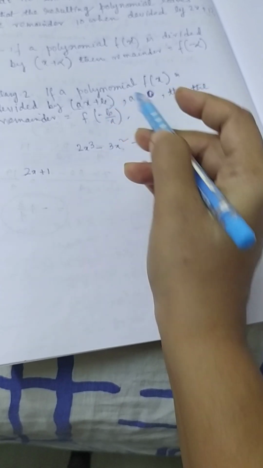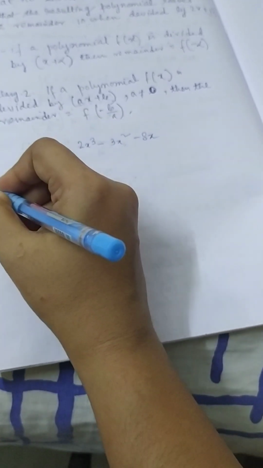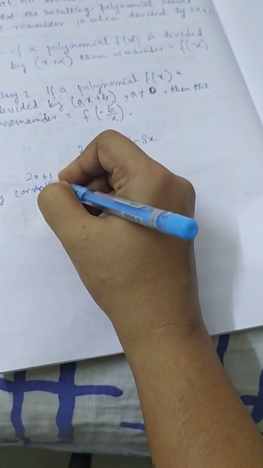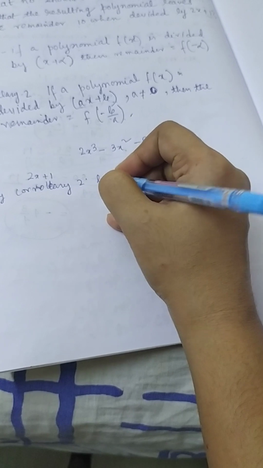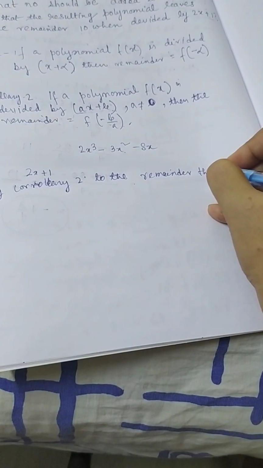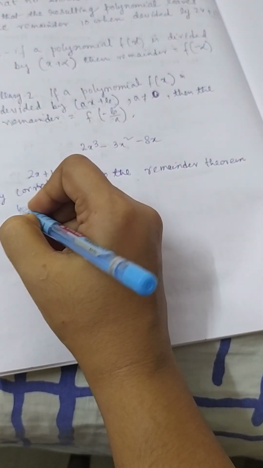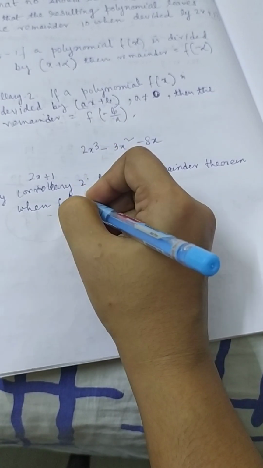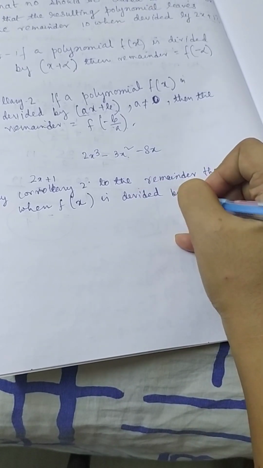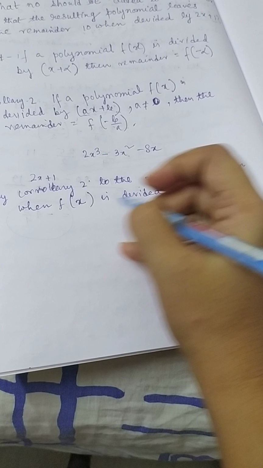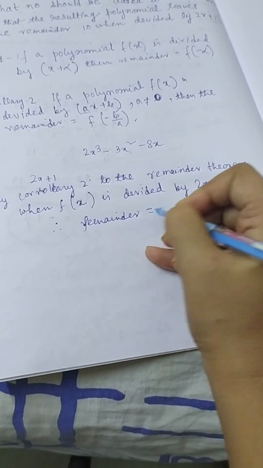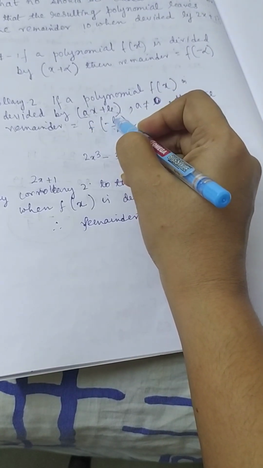So I can write here like this: by corollary 2 of the remainder theorem, when f(x) is divided by 2x plus 1, the remainder, in that case, what was that? f(minus b by a).